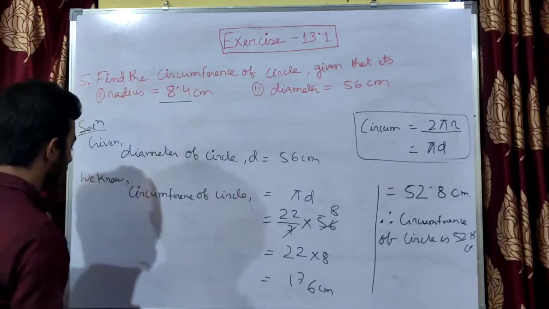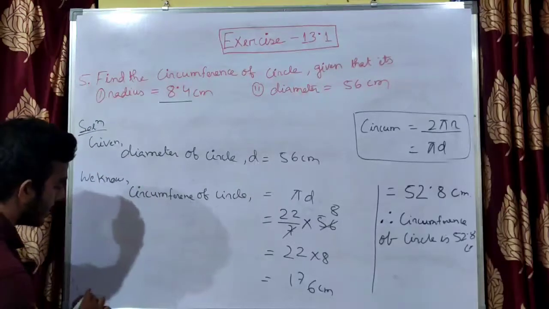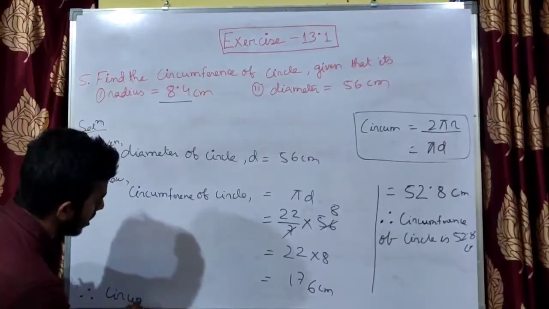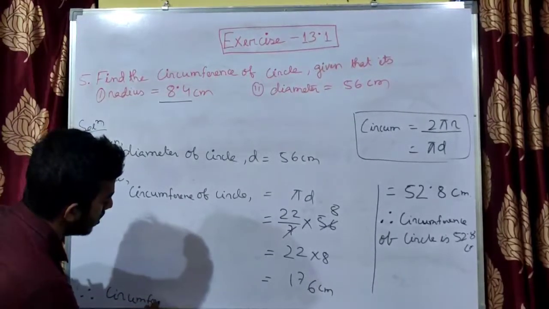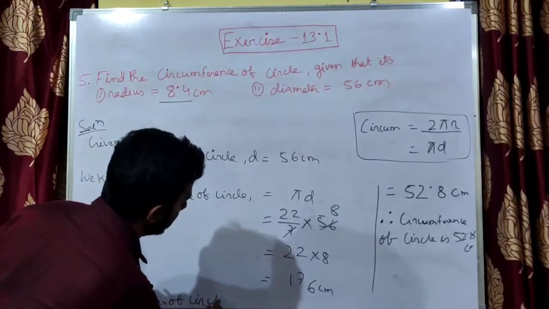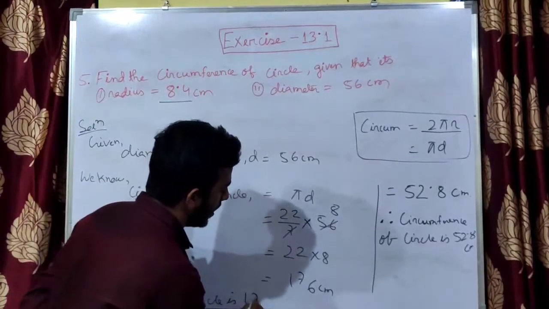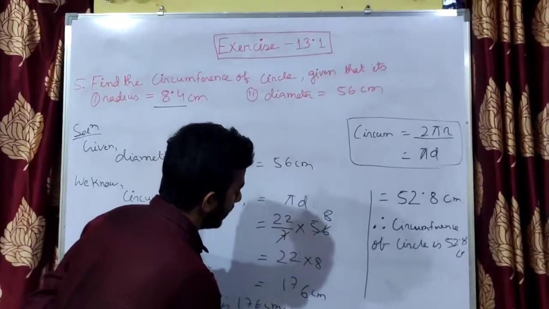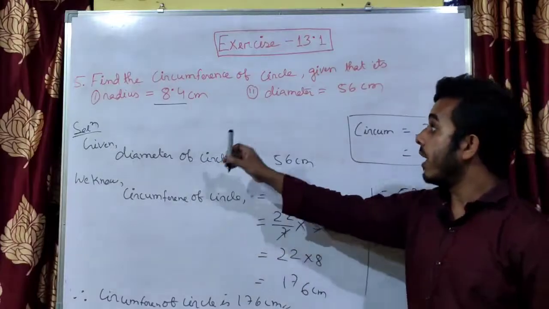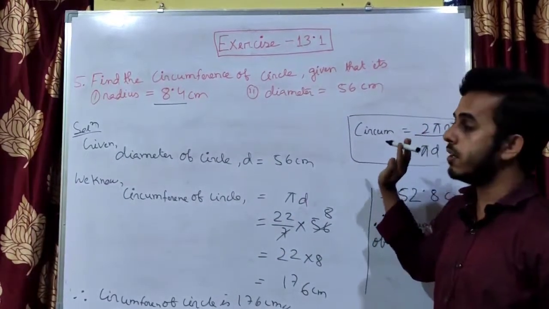So at last we will write therefore circumference of circle is 176 centimeter. Clear? So let us recall again. Here diameter is given, 56 centimeter.